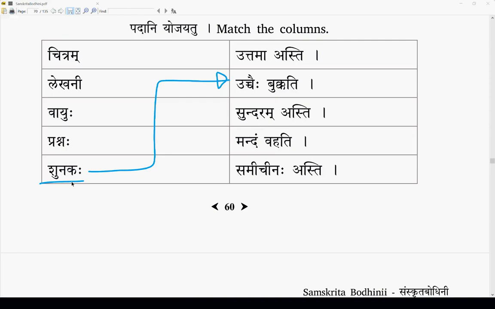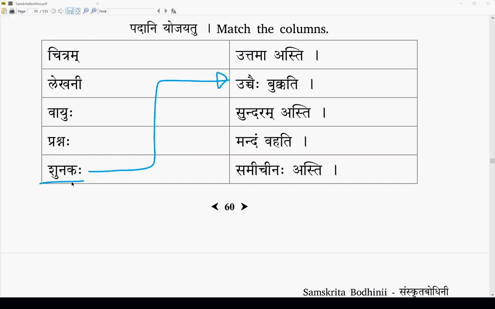Uchchaihi is the kriya visheshanam. Is it namapadam? It's a namapadam. I don't know if it is avyayam, Mahodaya. I'm not too sure of that. Yeah, it is avyayam. By definition, it is avyayam. So uchchaihi is used in the same fixed form, to say loudly or highly.